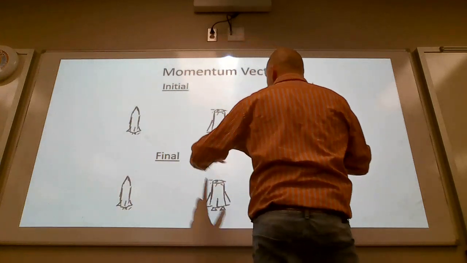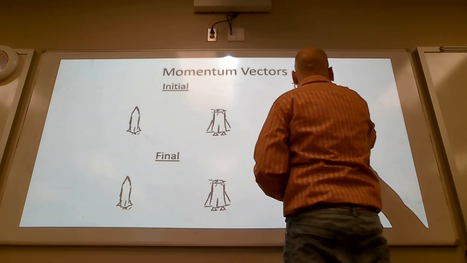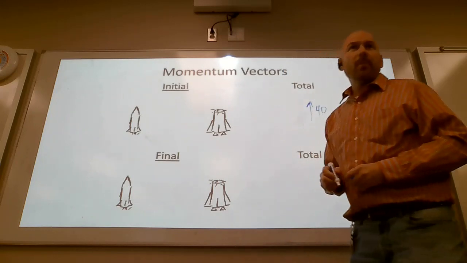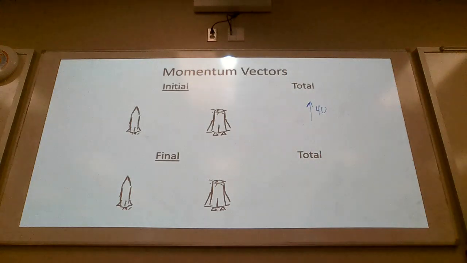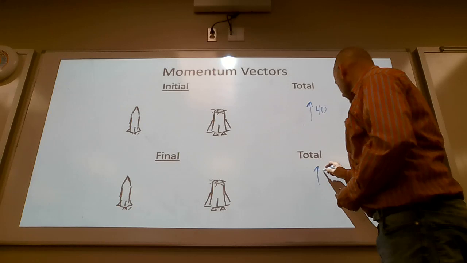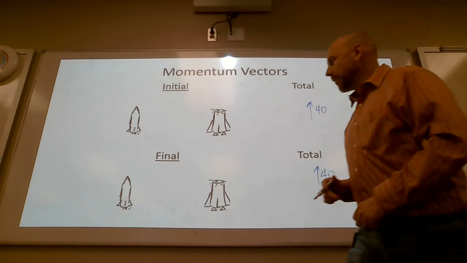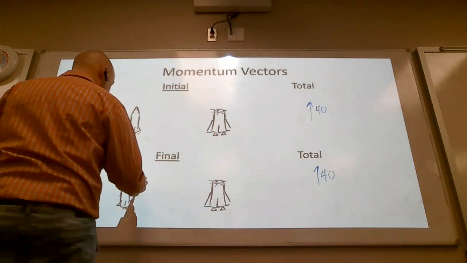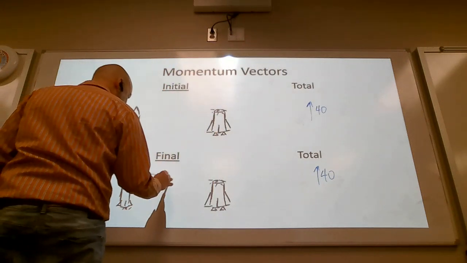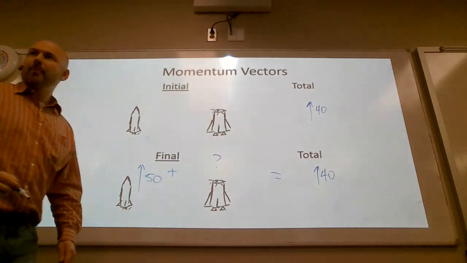Momentum vectors. These aren't really isolated at the beginning. We're just going to say 40 up. That internal explosion is an internal force. So if you have 50 going up, 50 up plus something is equal to 40 up.